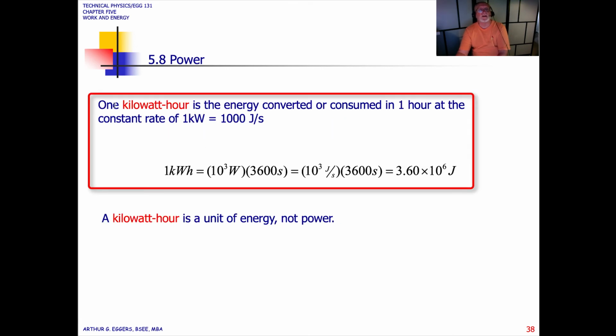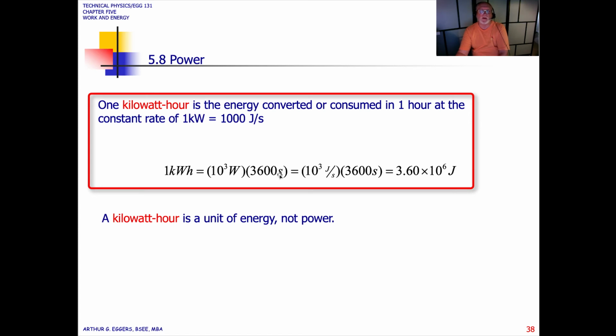Kilowatt hours. How does a kilowatt hour differ from power? This is what normally shows up on your power bill. 1 kilowatt hour is the energy converted or consumed in 1 hour at the constant rate of 1 kilowatt, which is equal to 1,000 joules per second. So 1 kilowatt hour is 10 to the third watts times 3,600 seconds.